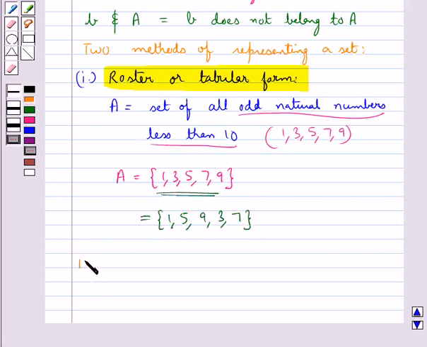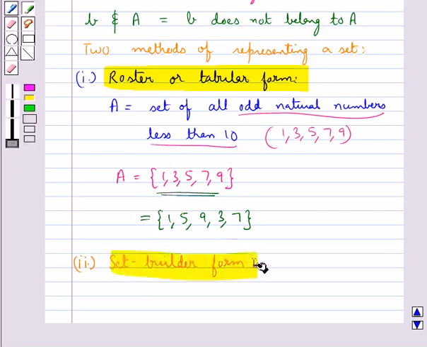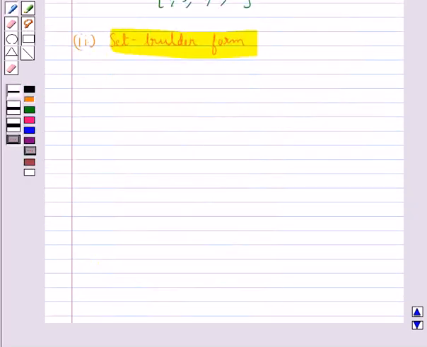The next method to represent a set is set builder form. In this form, all the elements of a set possess a single common property which is not possessed by any element outside the set.